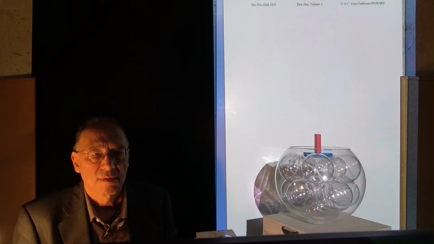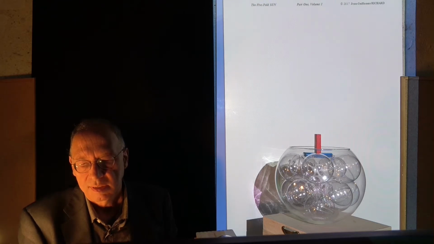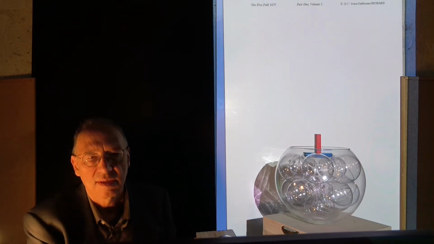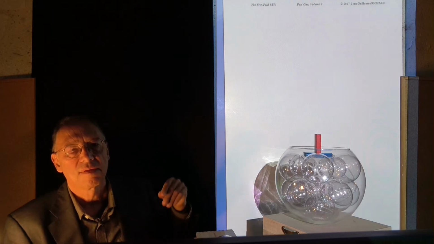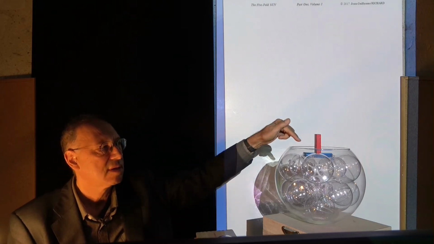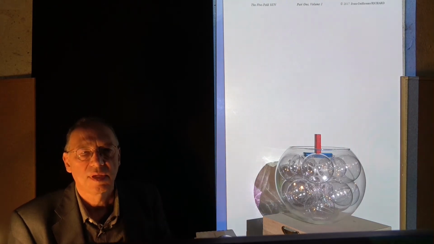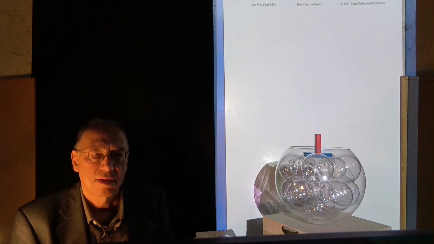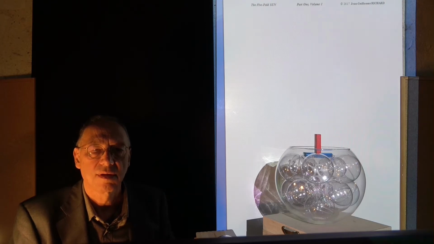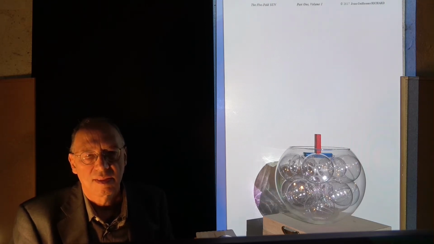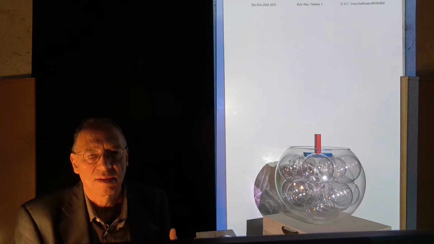The relation with the icosahedron is that there is in fact one of the icosahedron's vertices at each of these centers. So the intersection between the blue stick and the red stick coincides with the vertex of an icosahedron, and the other 11 vertices of the icosahedron are in the centers of the other 11 smaller balls.